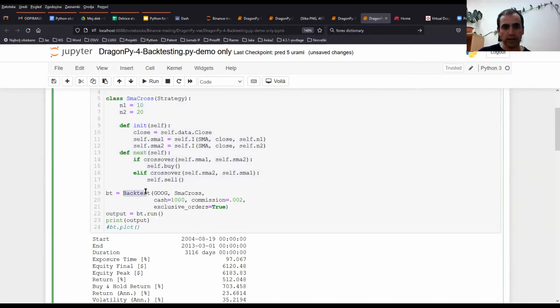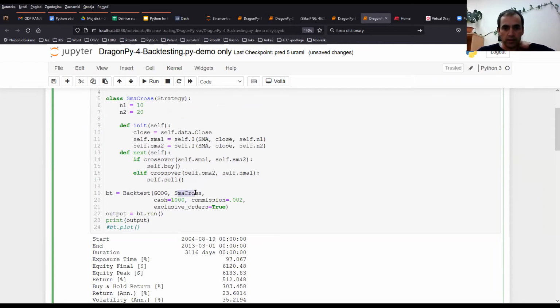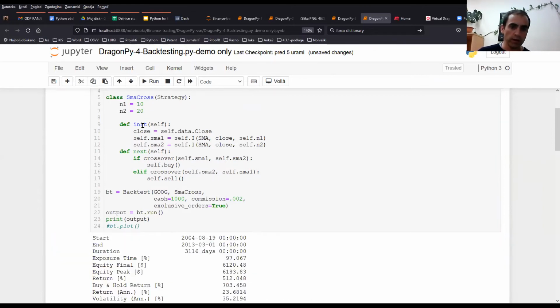Then you call this backtest library and specify your data frame. Here we load it directly from the backtesting data, Google data. Then you specify the trading strategy that you created, then starting cash, commission on the trade if applicable, and so on. And then you run it.